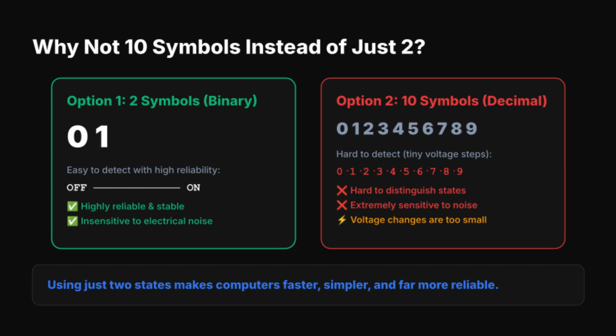But if we try to represent 10 different states, each one would require a very precise voltage level. Tiny fluctuations in electricity could make one state look like another, leading to errors. So instead of making computers more powerful, using 10 symbols would actually make them more complex and less reliable. That's why computers stick to the simplest and most dependable choices, which is 0 and 1.